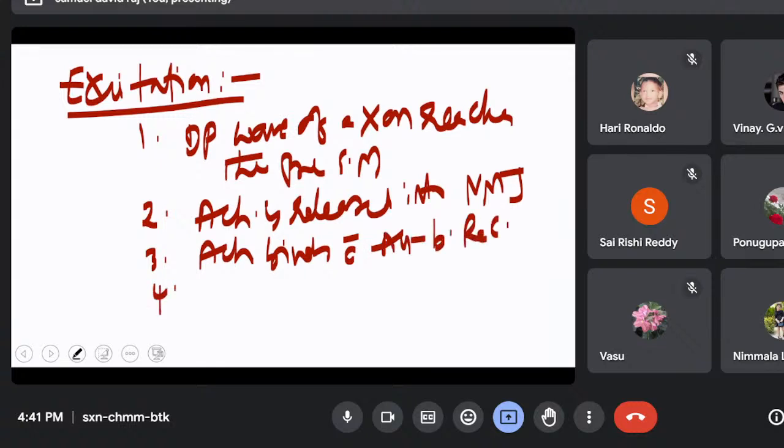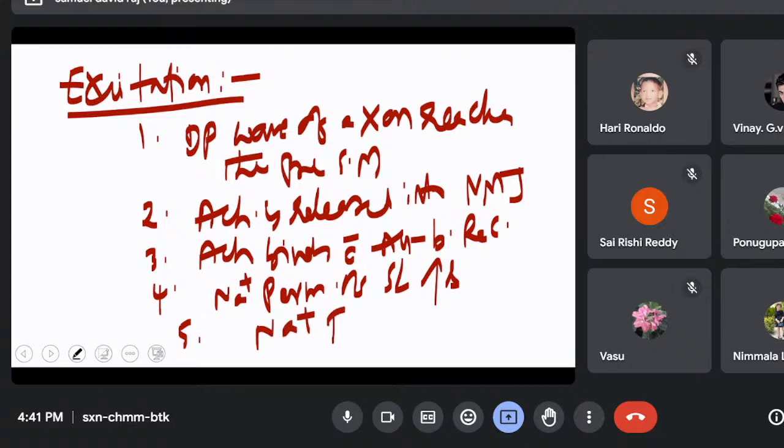Once they bind, the sodium permeability of the sarcolemma increases, and it results in sodium influx. That means from the extracellular fluid, that is the synapse, sodium ions go through the sodium channels of the sarcolemma into the sarcoplasm.